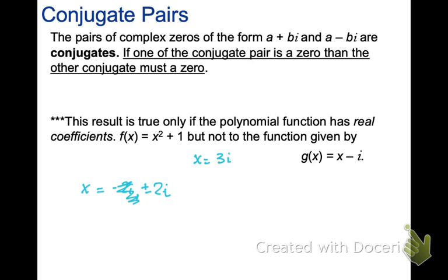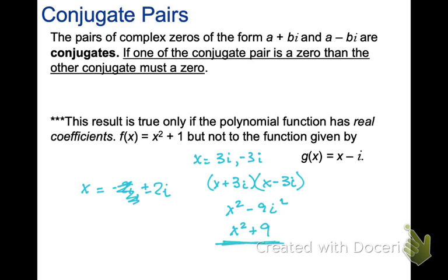It'll be plus or minus. Plus and minus 3i. So the factors would be x plus 3i and x minus 3i. And the equation, when I FOIL that all out, would be x squared minus 9i squared. So x squared plus 9. Yes? Okay, so did I start with all real numbers? Yes.